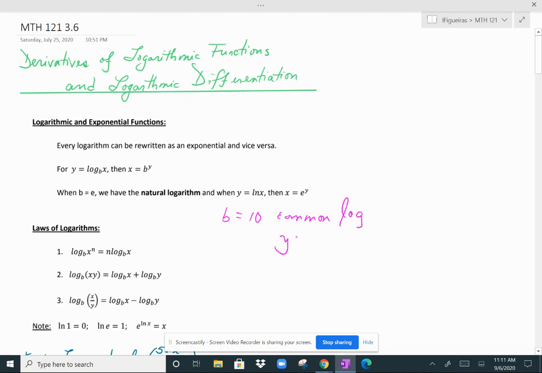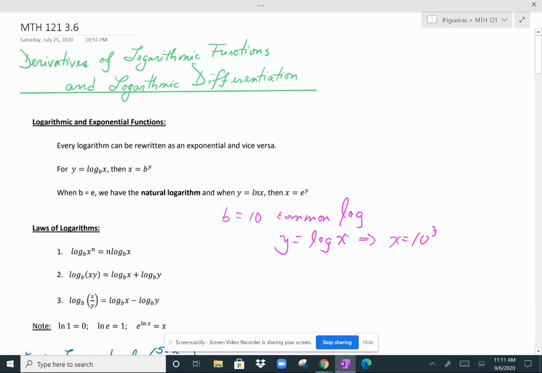And so you would say y is equal to log of x. Notice that you don't put a little subscript there because it's implied when it's base 10. And if that's true, then x is equal to 10 to the y. But mostly we're working with natural logs.